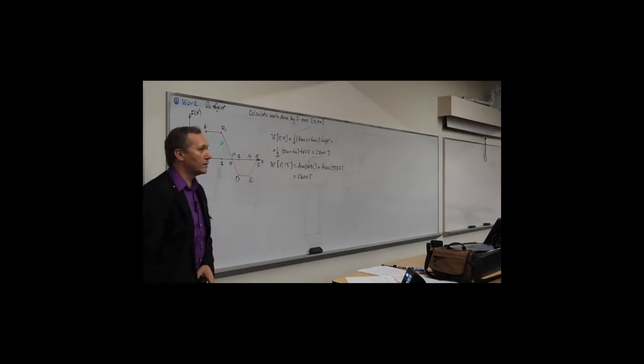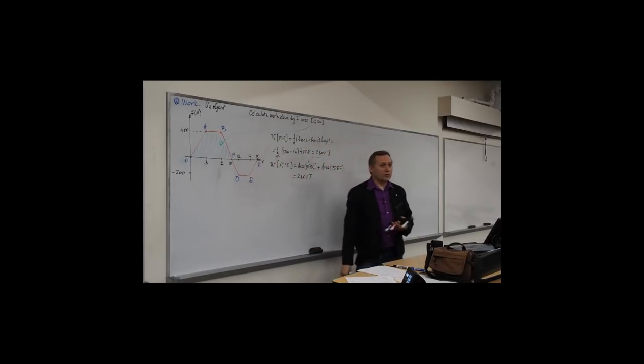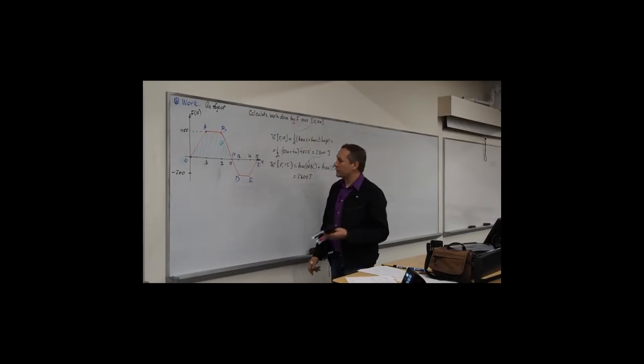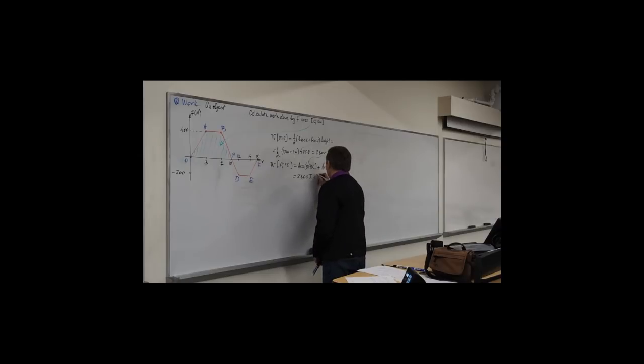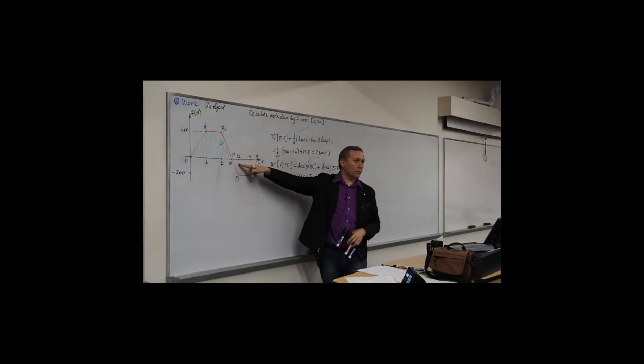So this. And this area, again, it's a trapezoidal shape, right? So we can use exactly the same formula. So it will be plus 1/2. This base, 15 minus 10, so it's 5 meters. And this base is 14 minus 12, right?